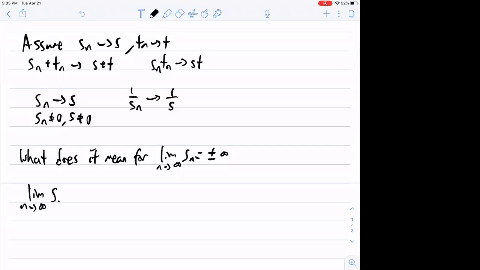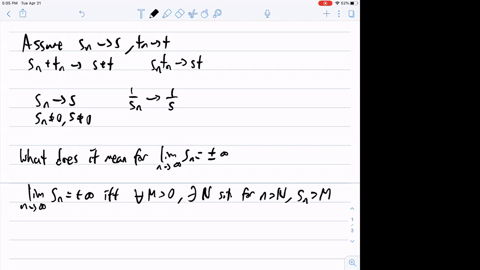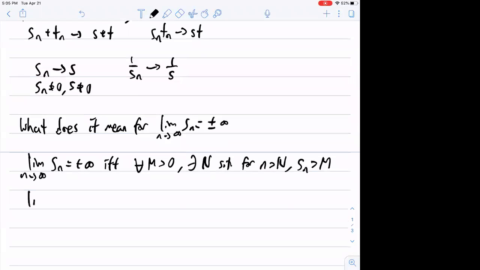Another way to write this is, the limit is infinity if and only if for all M bigger than 0, there exists N such that for n bigger than N, Sn is bigger than M. No matter what number M I choose, and you should think of M as really large in this case, I can find some capital N such that every term after it is bigger than M. Since M is an arbitrarily big number and eventually I'm always bigger than it, I'm going to infinity.